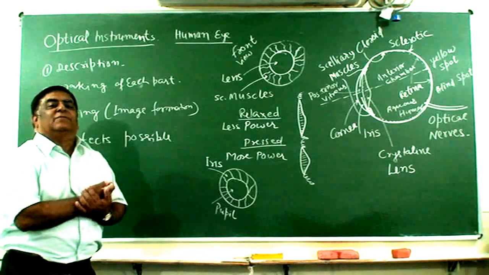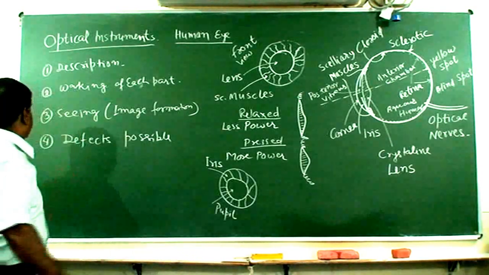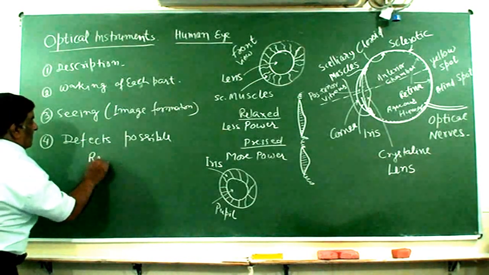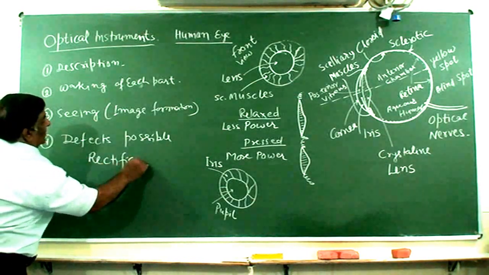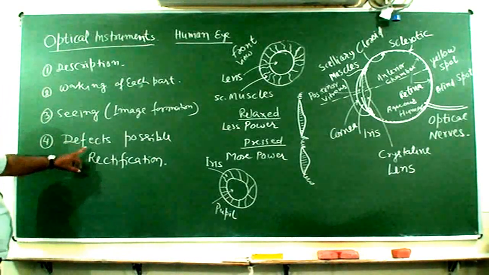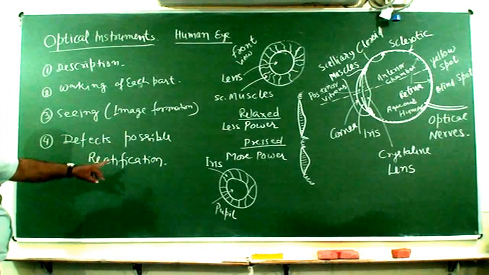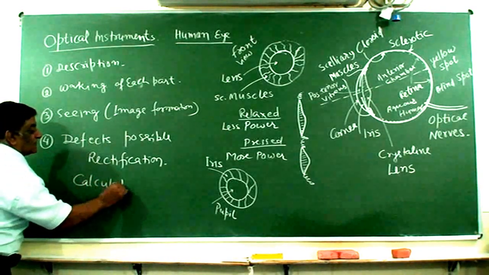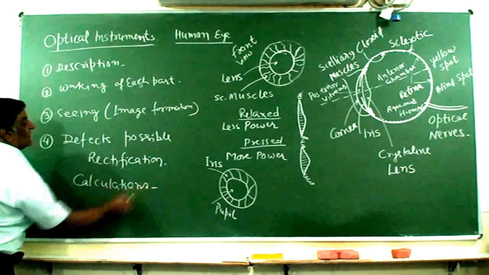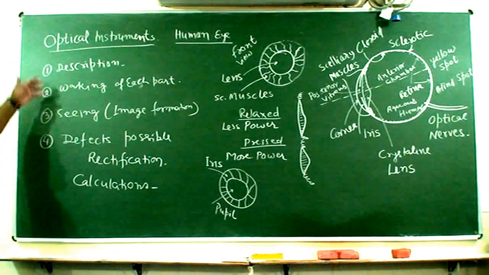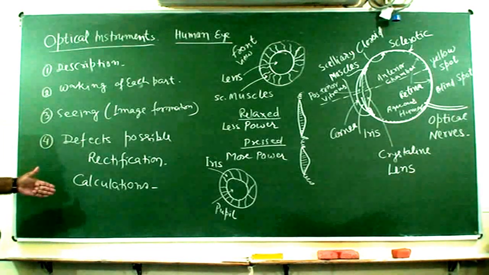We will restrict ourselves to optical defects and their rectification, and we have to do certain calculations for these rectifications. How the rectifications are calculated. So this will be our flow of study.